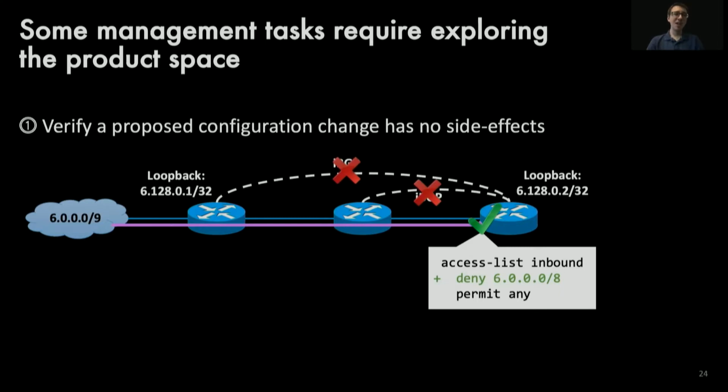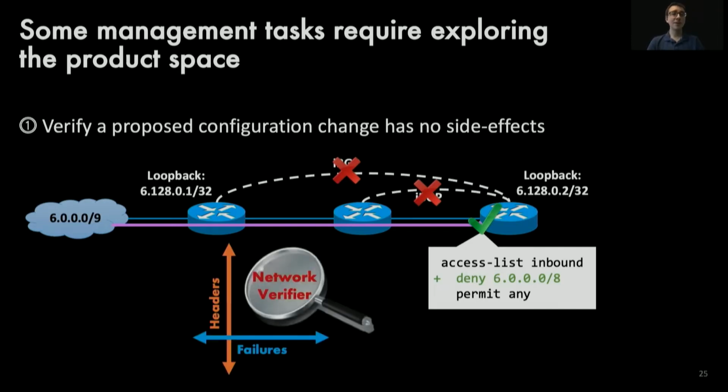For example, this change that we've made also blocks traffic from the router's loopback interfaces, which prevents the routers from establishing IBGP sessions, and thus all external prefixes become unreachable. In order to verify a change like this is free from side effects, we need to verify all of a network's requirements, and these requirements typically span a large range of headers and failures.